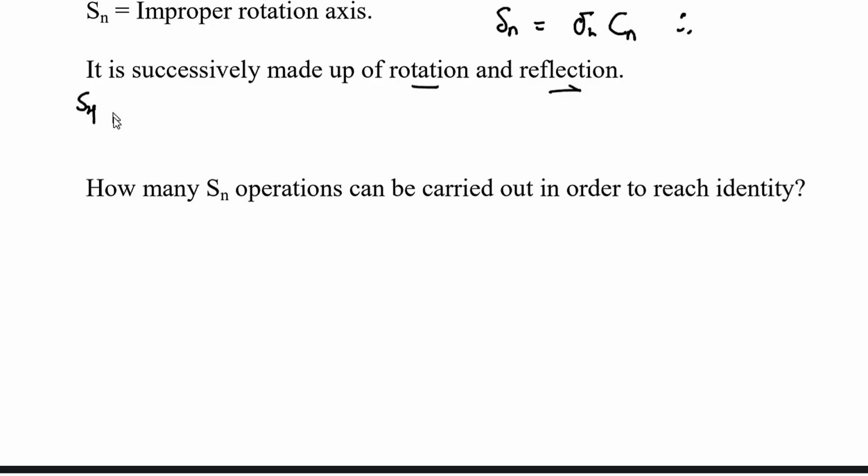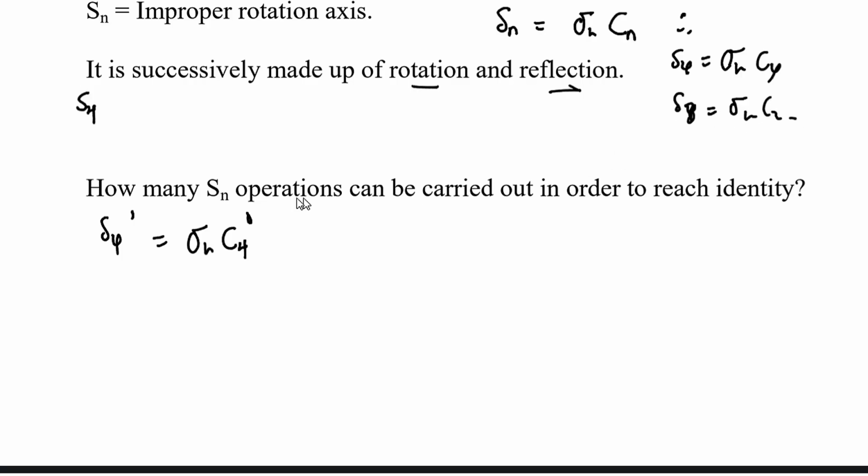At the first trial, we're going to have sigma h and then C4 once, right? Recall that if Sn is S4, we're going to have sigma h C4. If this was S3, we're going to have sigma h C3, right? So the first operation we carried out was this, and this gives back the S4, right?